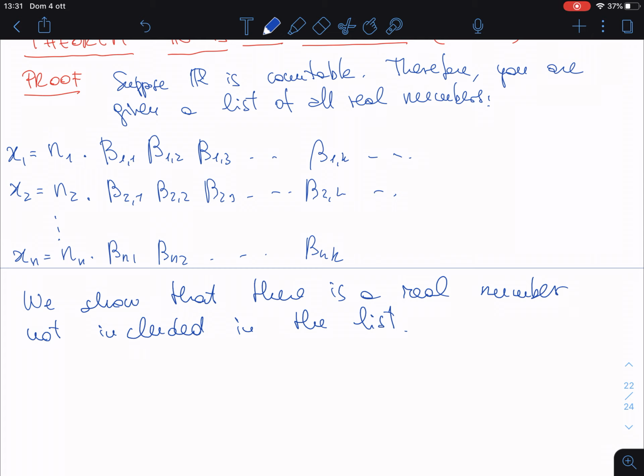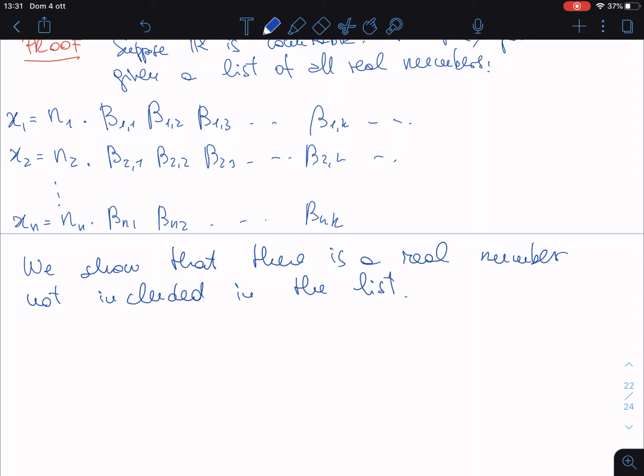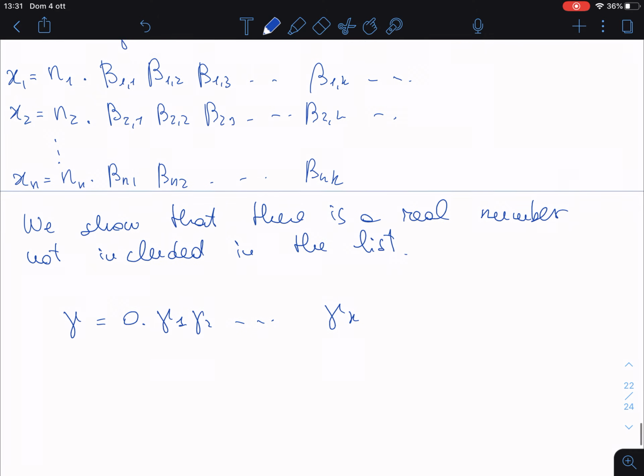How is it made? So, first, consider just the digit part. You call it gamma. You say 0 dot, gamma 1, gamma 2, up to gamma k. And you choose gamma 1 in this way. Gamma 1 is equal to 5 if b11 is different from 5, 7 if beta 11 is equal to 5.